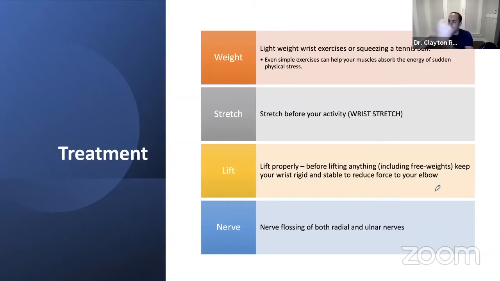Or the other way around, if they flex their forearm and resist you bringing their wrist down, it'll hurt on the inside because you're activating the flexors. On this one, you're activating the extensor. So it's a very simple test that if you're with somebody, you can actually try to diagnose yourself and then make a call to the chiropractor. Yeah, for sure.